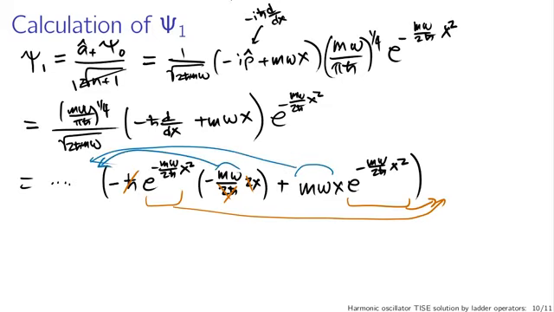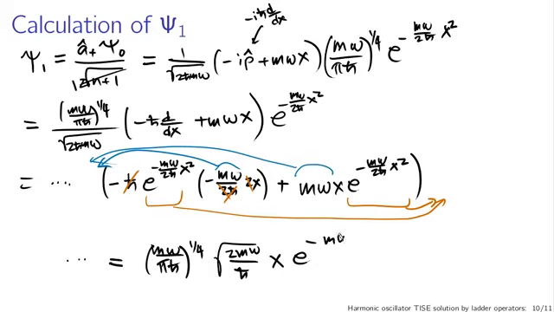What you end up with at the end, after all is said and done, the only step I'm skipping now is to simplify the constants, is m omega over pi h bar to the 1/4 power. There isn't much we can do about that. Times the square root of 2 m omega over h bar, times x, times e to the minus m omega over 2 h bar x squared.